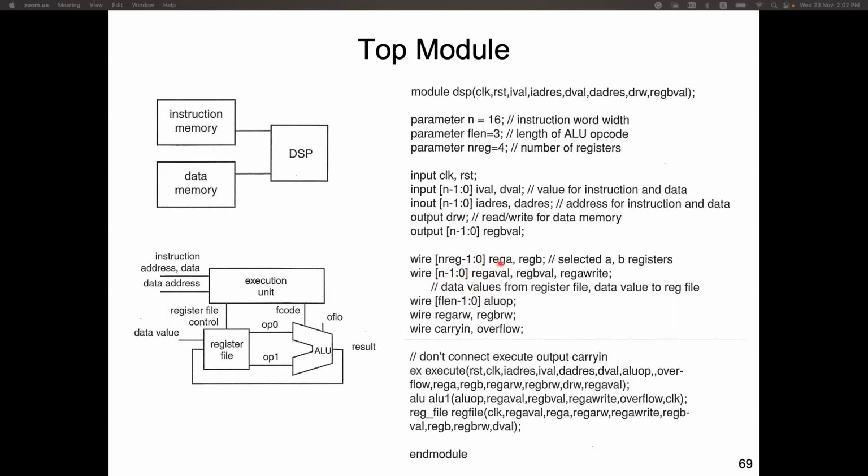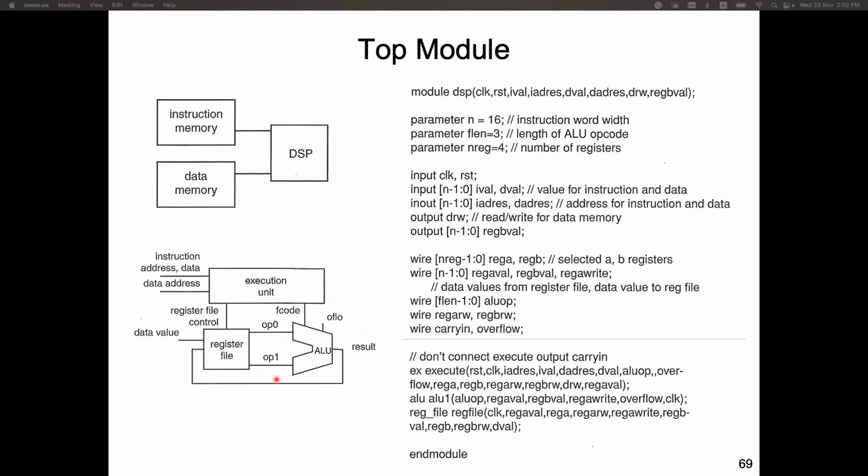And there are some internal wires. Say here, register A and B. It's communication between the execution unit and the register file. And register A's value, register B's value, write control. So you see, the ALU is connected to the register file.